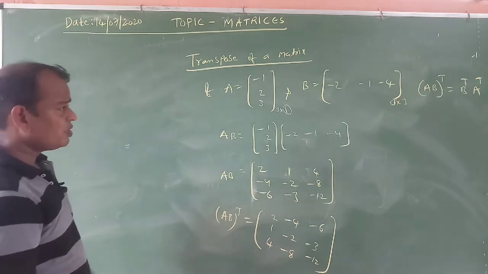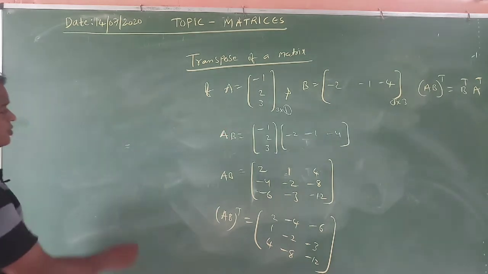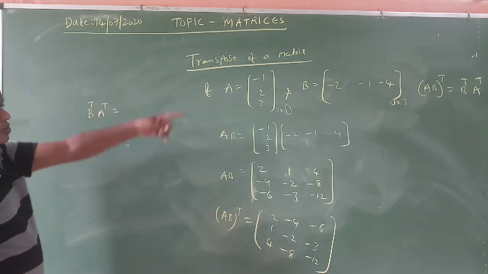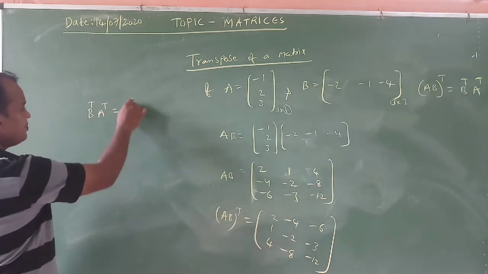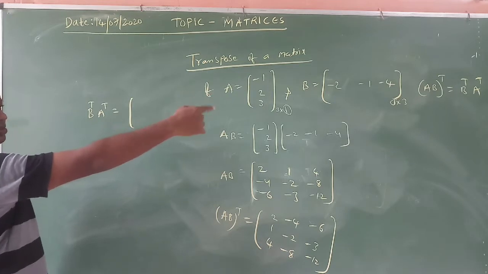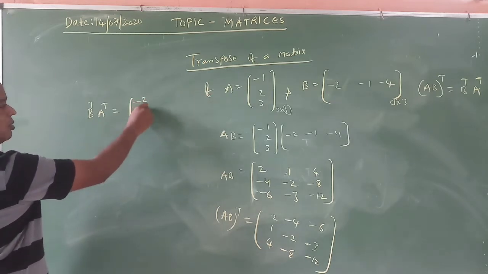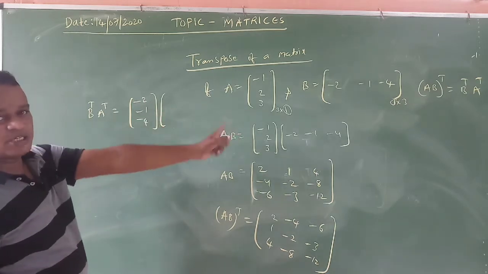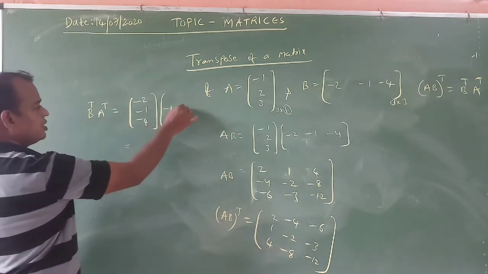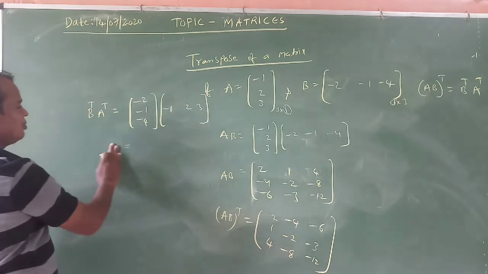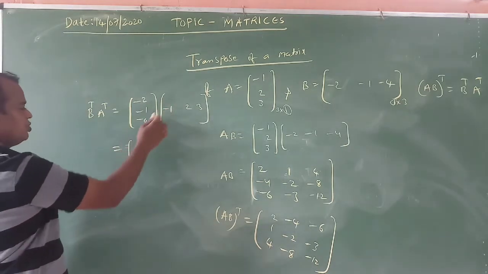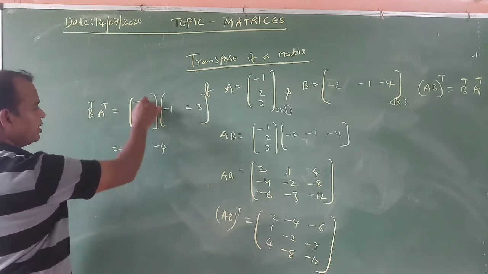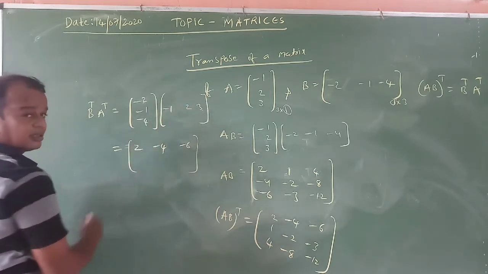Now, B transpose into A transpose. We directly do B transpose into A transpose. B transpose: that is 1 by 3, means 3 by 1, -2, -1, -4. A transpose: this is 3 by 1, means 1 by 3, -1, 2, 3. Directly multiplication: -2 into -1 means 2, minus into minus is plus, -2 into 2 is -4, -2 into 3 is -6.